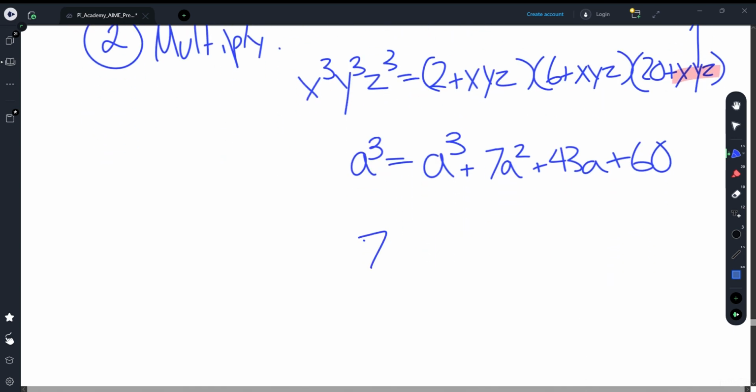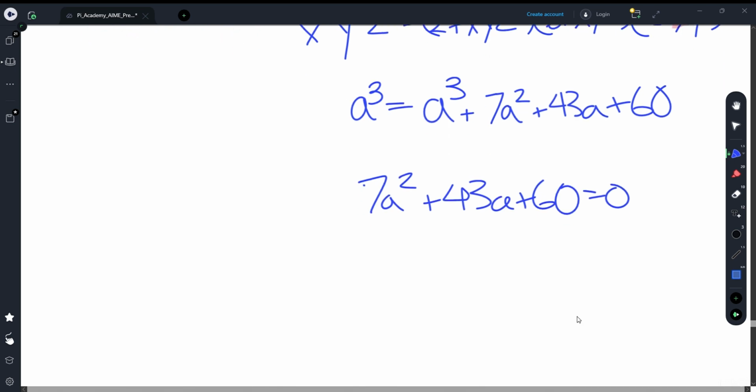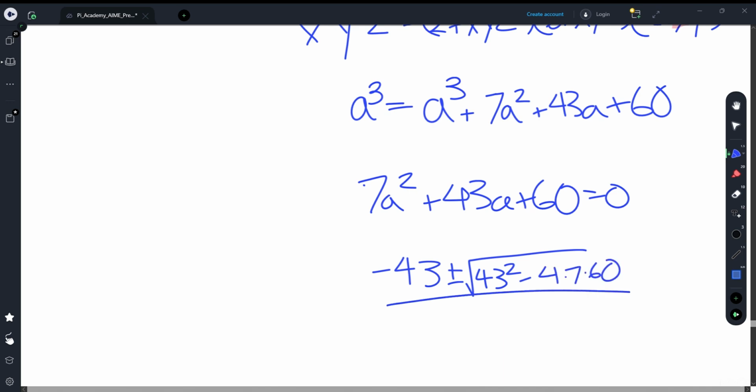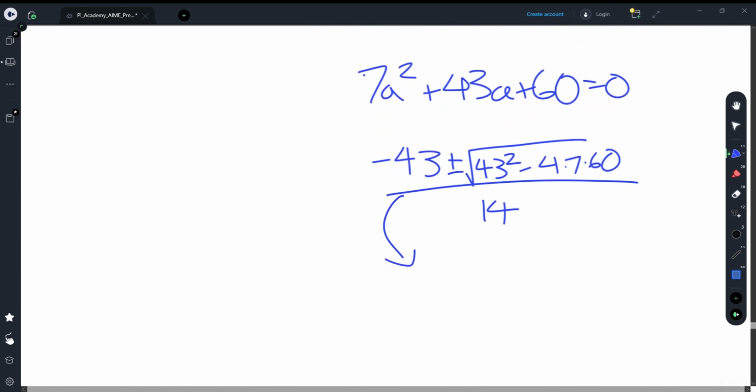And so 7a squared plus 43a plus 60 is equal to 0. Now we use the quadratic formula: negative 43 plus or minus the square root of 43 squared minus 4 times 7 times 60, all over 14. And after we solve this, we get a is equal to negative 15 over 7 or negative 4.